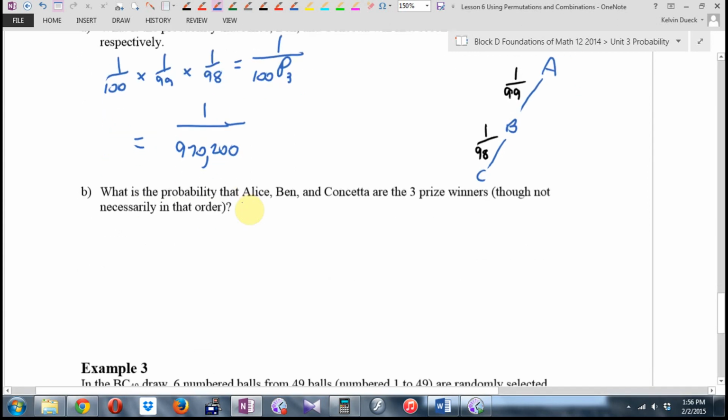What if all you care about is that each of them wins a prize, but not necessarily in that order? Bucket. And my bucket is going to be made up of winners and losers.